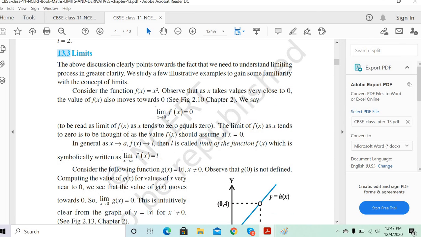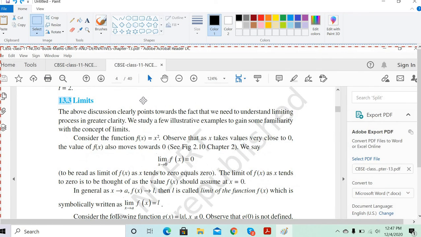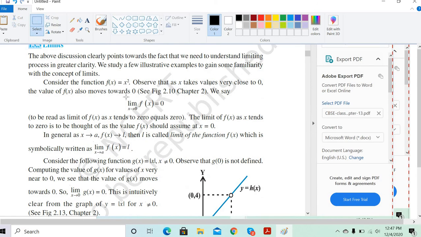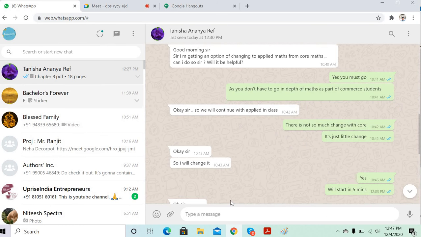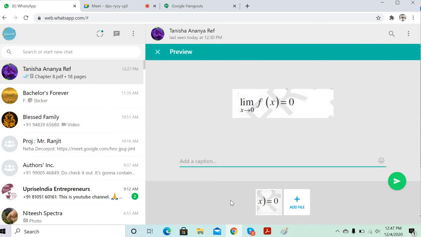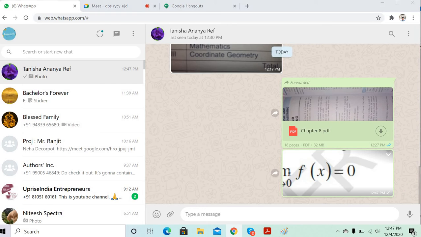First, write down the function f of x, limit x tends to 0, f of x equal to 0. So I want you to write this function. Limit x tends to 0, f of x is equal to 0, that one?